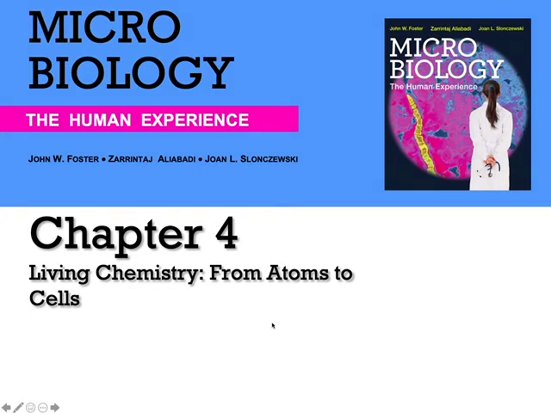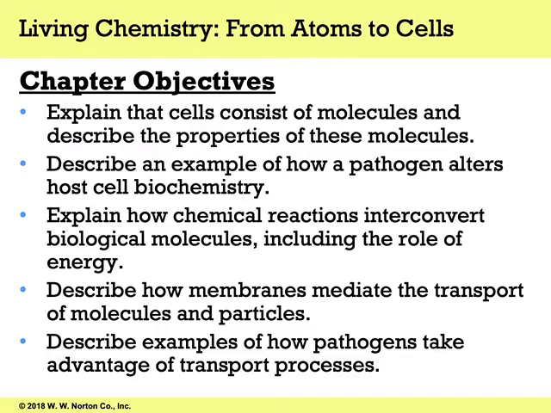Okay, everybody, welcome to Chapter 4, where we're going to dip a little bit into cell biology and chemistry, which are important to get a background in order to understand what we're going to discuss in microbiology.